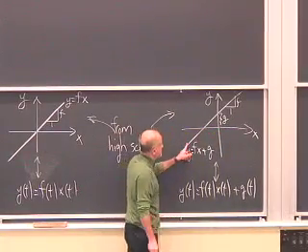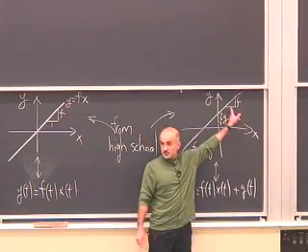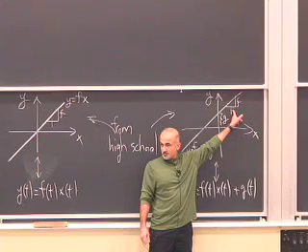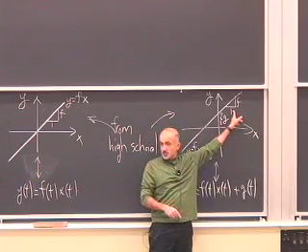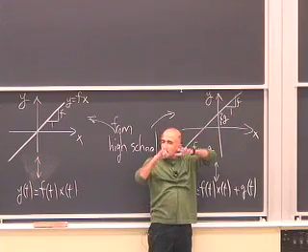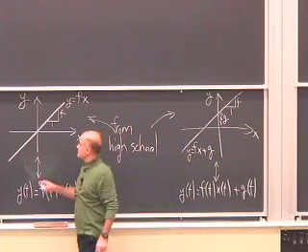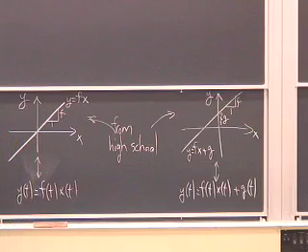Now, there is something to be said. This is still a straight line. It's not a parabola. It's not a cubic. It's still a straight line. So what is it that distinguishes this kind of system from the system above?